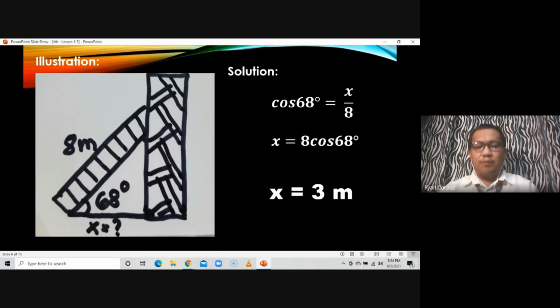So when we round it to 2 decimal places, since it is 99, it will round up. So it ends up as 3 meters. This means the foot of the ladder to the base of the building is 3 meters away. So that's how we solve problem number 1.